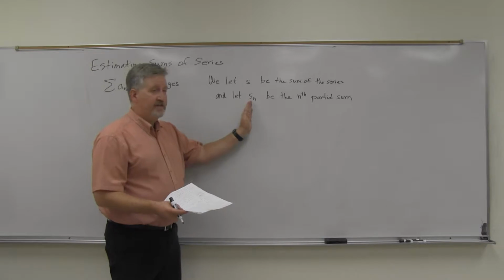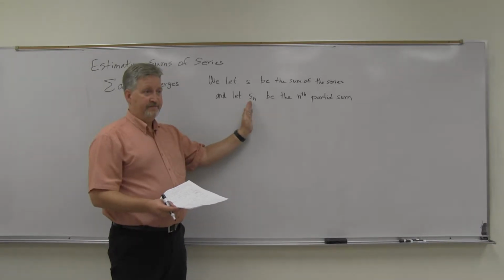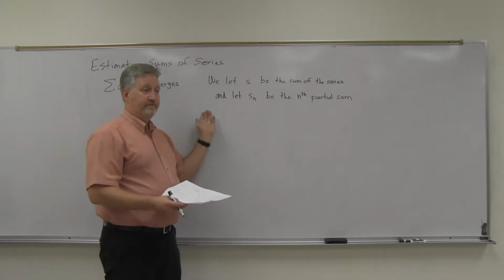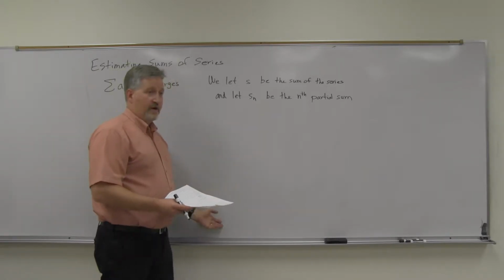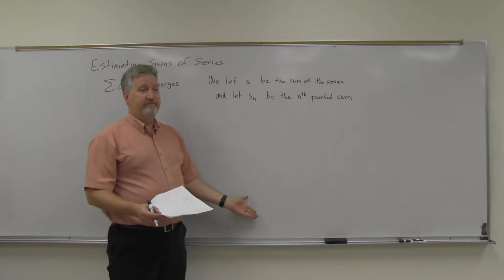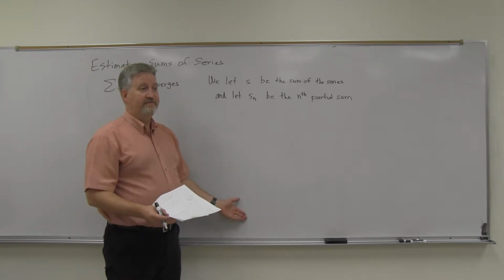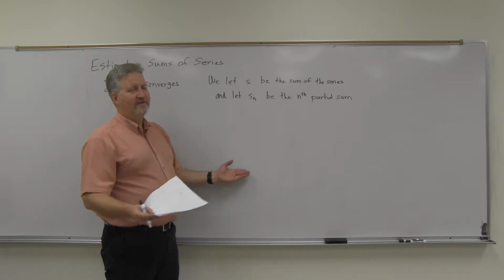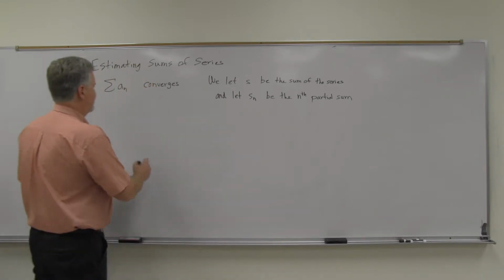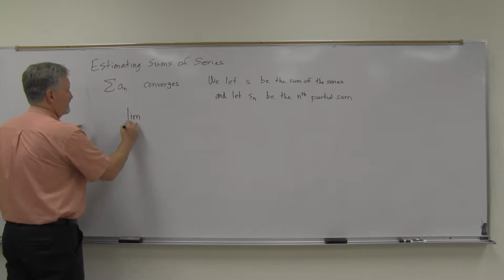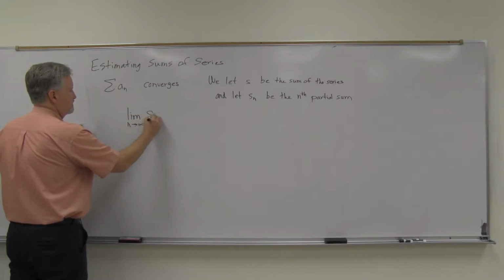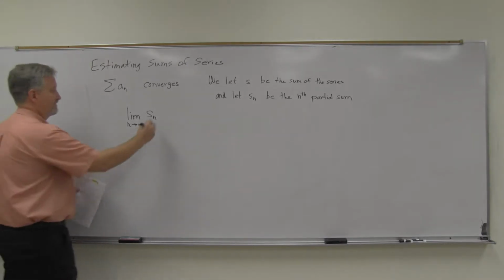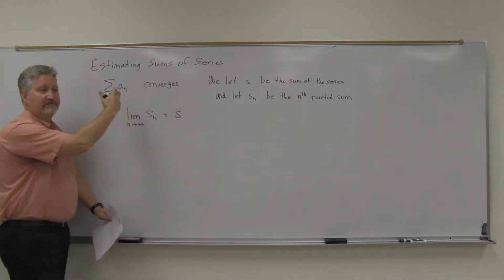But if you take the limit of the partial sums S sub n as n goes to infinity, one way is to write them all out and see if those partial sums are going to something. That's the hard way to do it. The other way is just evaluating it. If you look at the limit as n goes to infinity of the S sub n's, if you can figure that limit out, that's the S, the sum of the series.